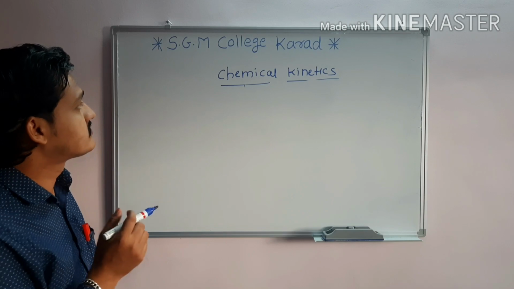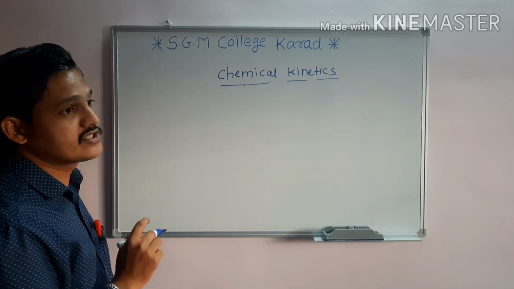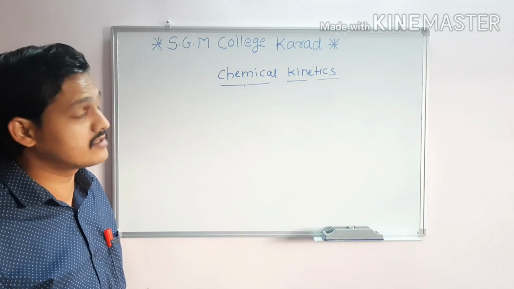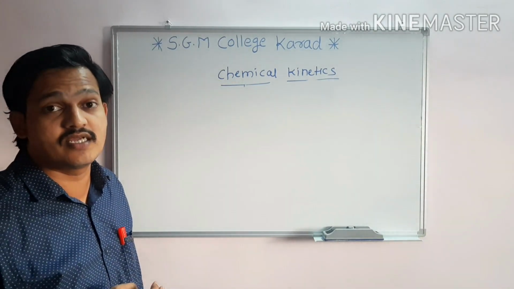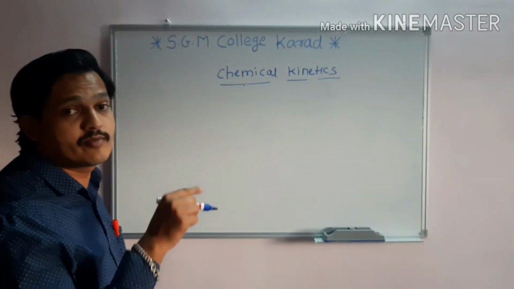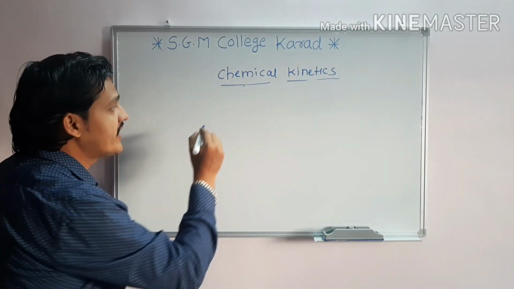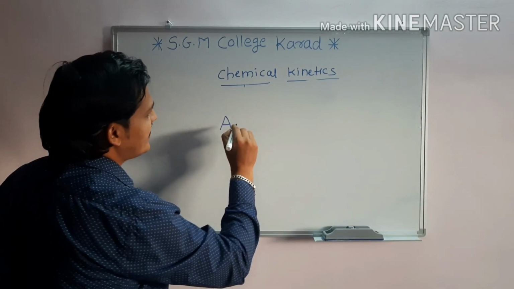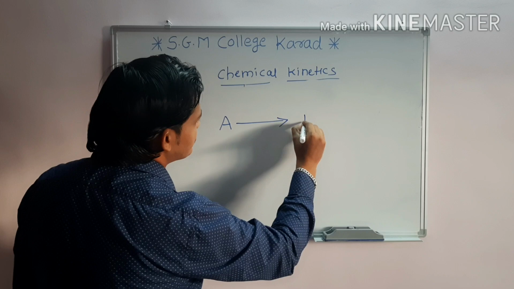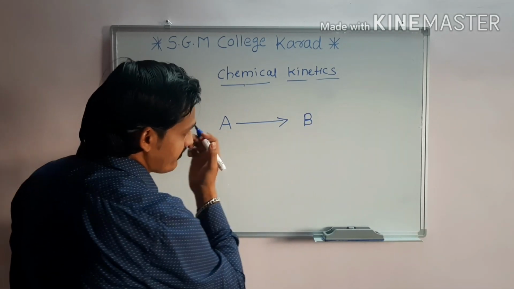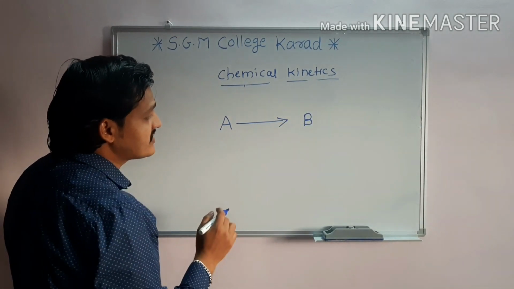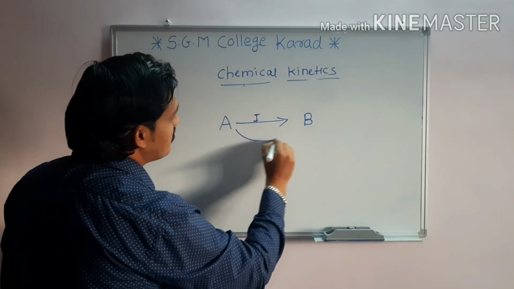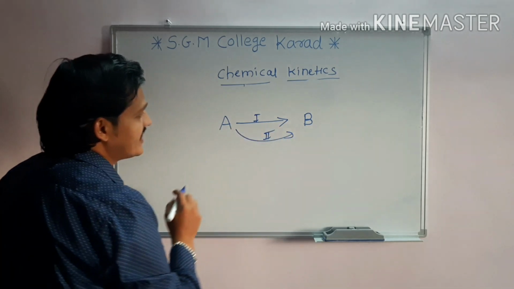Then the next point is rate of chemical reaction. But before studying rate of chemical reaction, why is chemical kinetics necessary? Let us see. In the thermodynamics chapter I taught you that reactant A, species A, is going to B. A to B can be reached by more than one path, path number first or path number second.